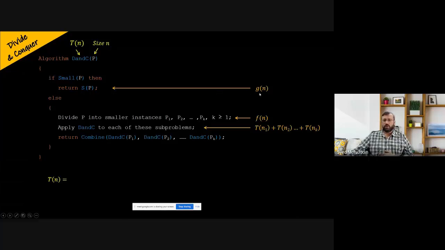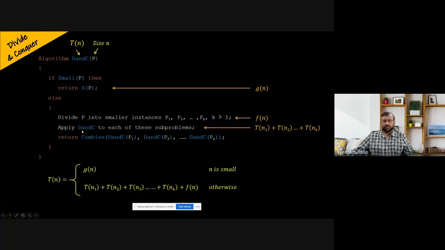So if n is small, we have g(n). Otherwise, if the problem is large, it will be the summation of T(n1) plus T(n2) plus T(n3) up to T(nk), plus f(n). So this forms the recurrence relation.